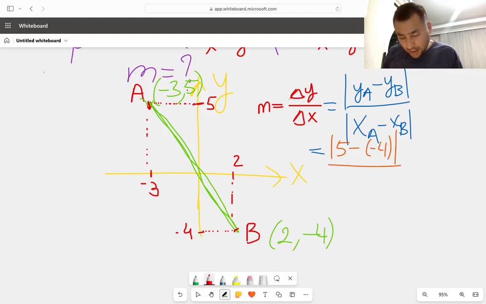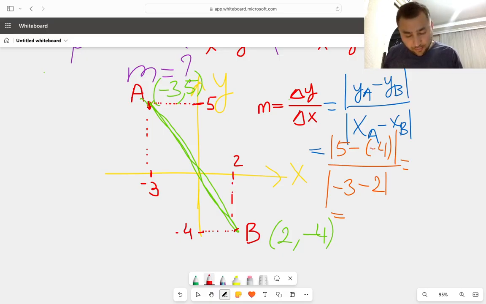And below, xa is minus 3, again absolute value, and then subtract xb, that's 2. Let's continue below. So minus 5. So 5 minus minus 4, two minuses make plus.